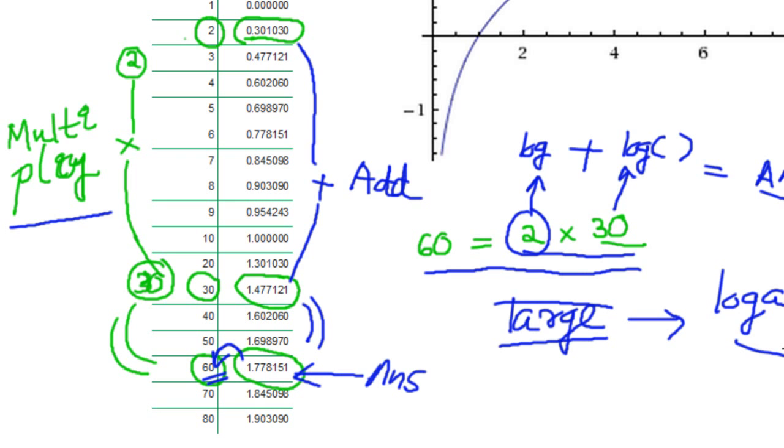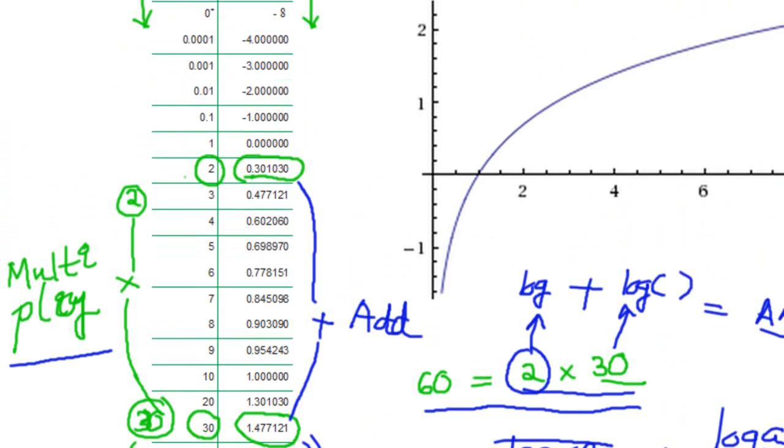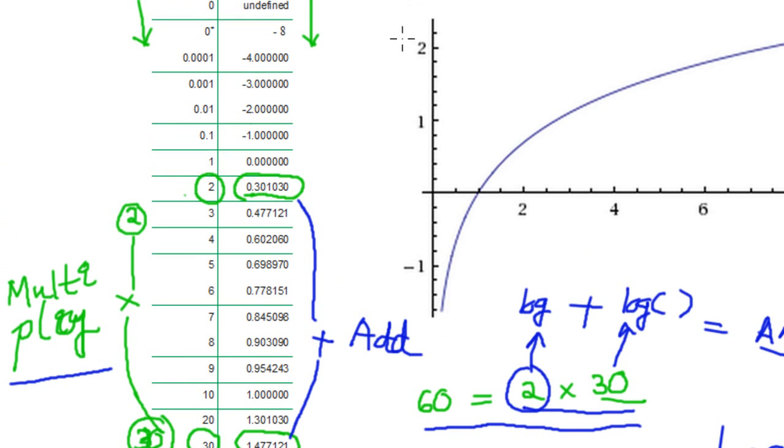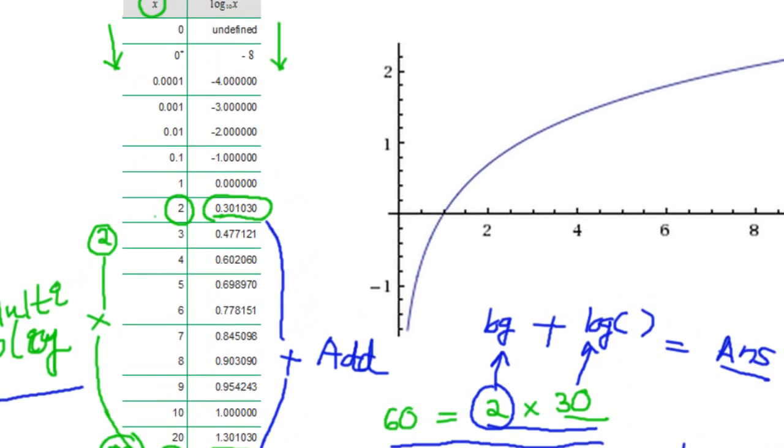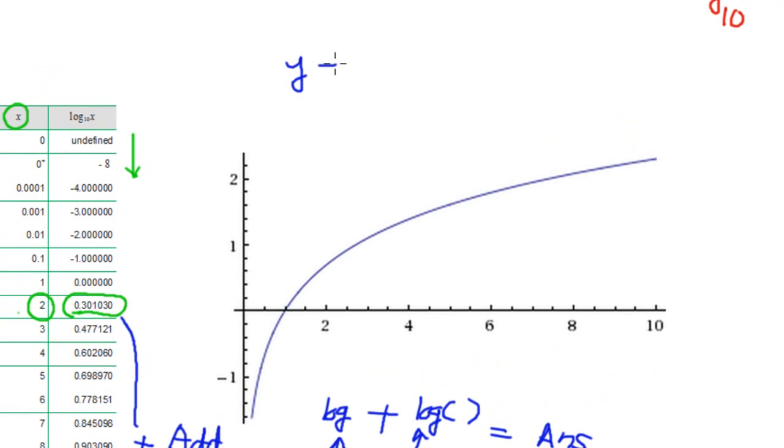Okay. Now let's study how the function of logarithm behaves. Let's say there is a function y equal to log x. It will behave in this way. Now this is y and this is x.